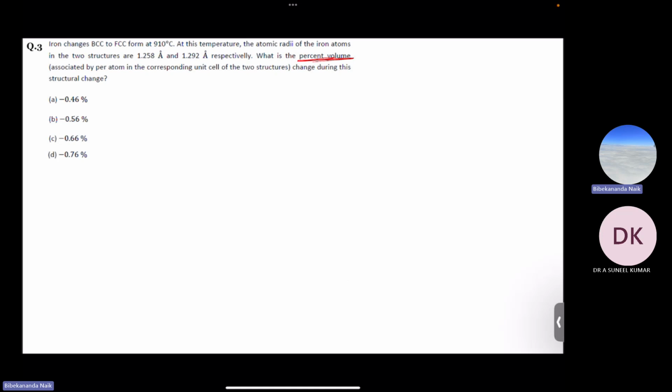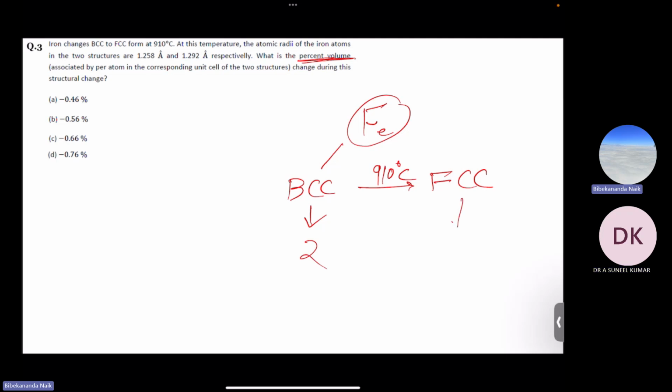We know Fe is iron, and it goes from BCC to FCC at 910 degree centigrade. In BCC the number of atoms per unit cell is 2, but in FCC the number of atoms per unit cell is 4.